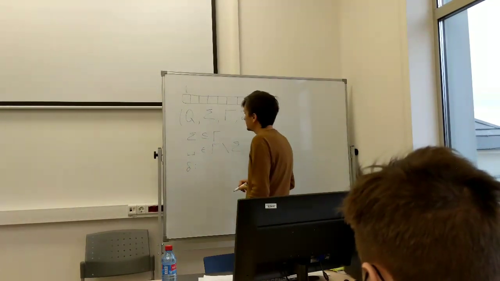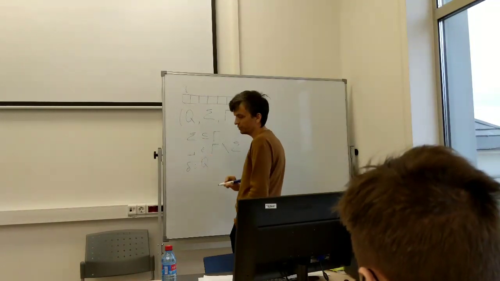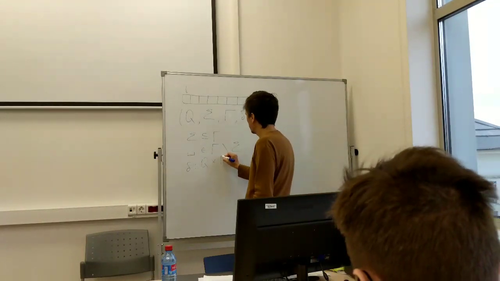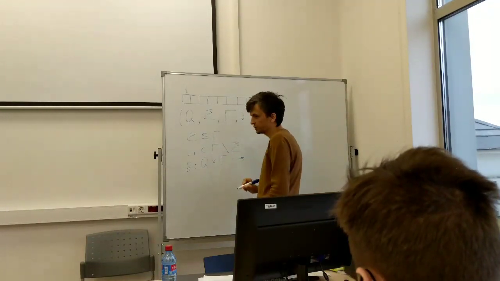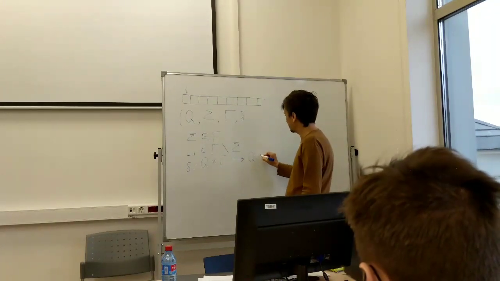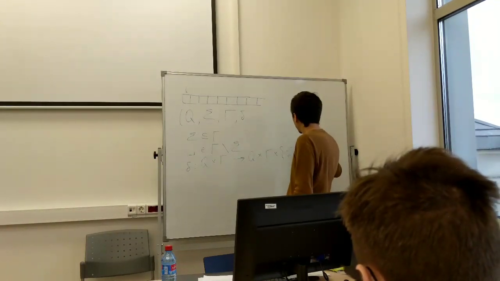This function takes as input a state from Q and a symbol from gamma, and it maps it to another state, another symbol, and L or R. What it means is this.